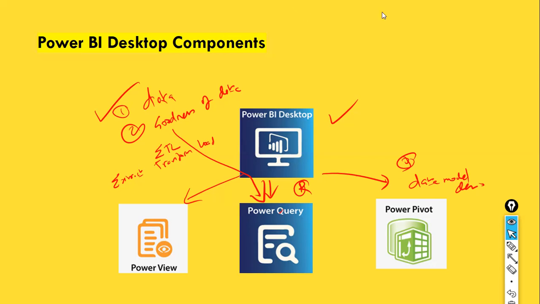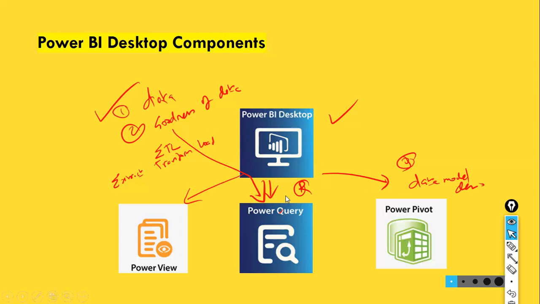Unlike Tableau and other reporting tools, here you need to explicitly create the data model design. Without data model design, the data in your report will not be accurate. And at the same time, if you don't have a solid data model design in place, it will have an adverse impact on your report performance.